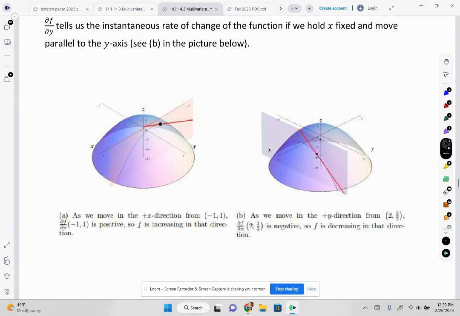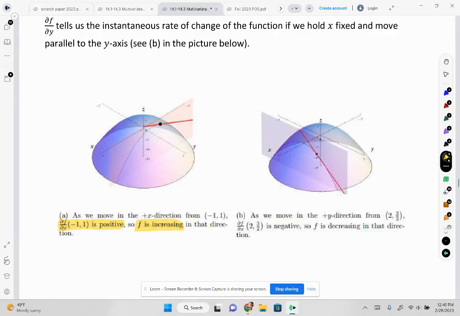So we could say that del f del x of negative 1, 1 is positive because we'd be facing a direction in which we had to go up. That would also mean that the function is increasing in that direction.